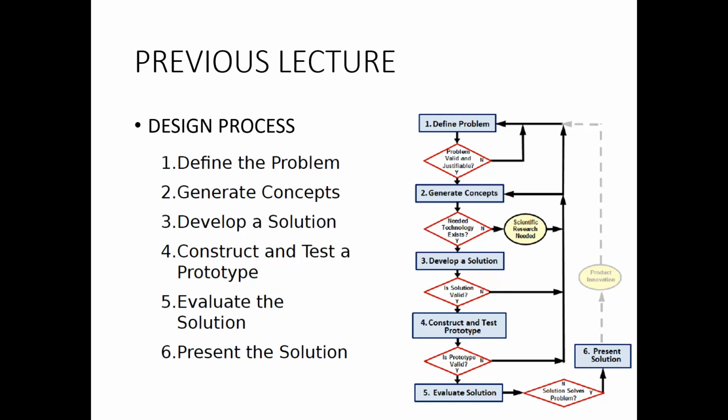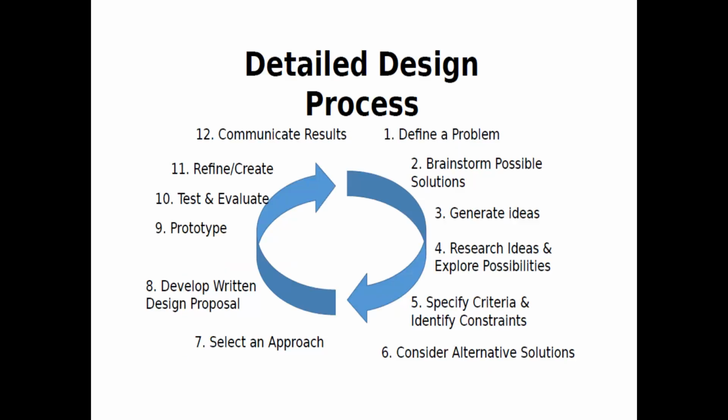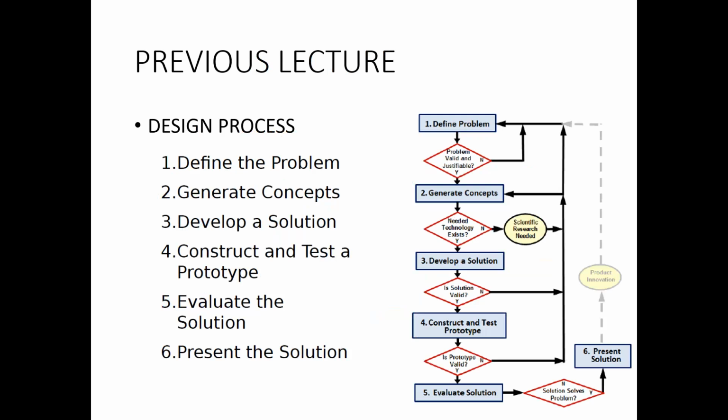There might be differences in the stages and it ranges from company to company, and most often you may see a detailed design process like this which consists of 12 steps. These 12 steps are combined as 6 steps such that 2 or 3 stages will be combined into a single stage.